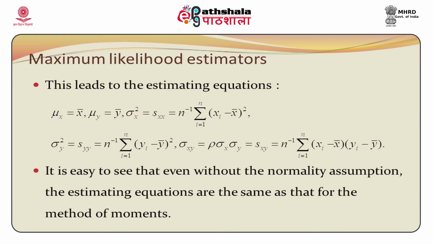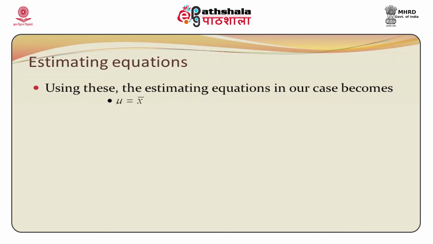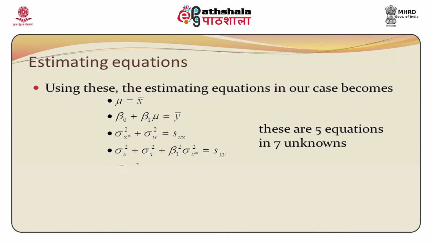Let us go back and look at our problem. If we look at what is mu x for us, the mean of x is mu. So, mu must be equal to x bar, that is the first equation. Mean of y is beta naught plus beta 1 mu. So, that must be equal to y bar.